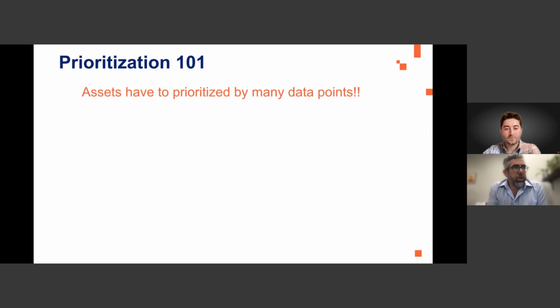I hope we now better understand that assets have to be prioritized by many data points, and priority should be based on several factors, not only the CVSS and stuff like that. The first one is visibility. You can't leave anything unknown, anything.